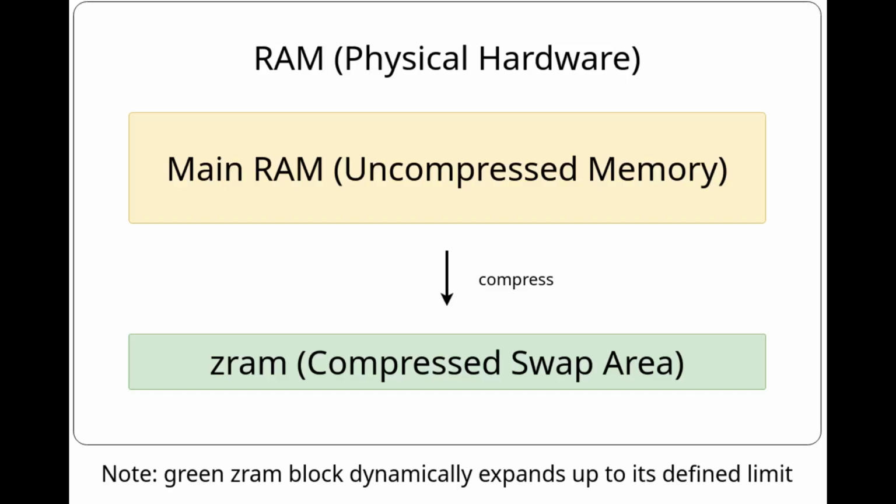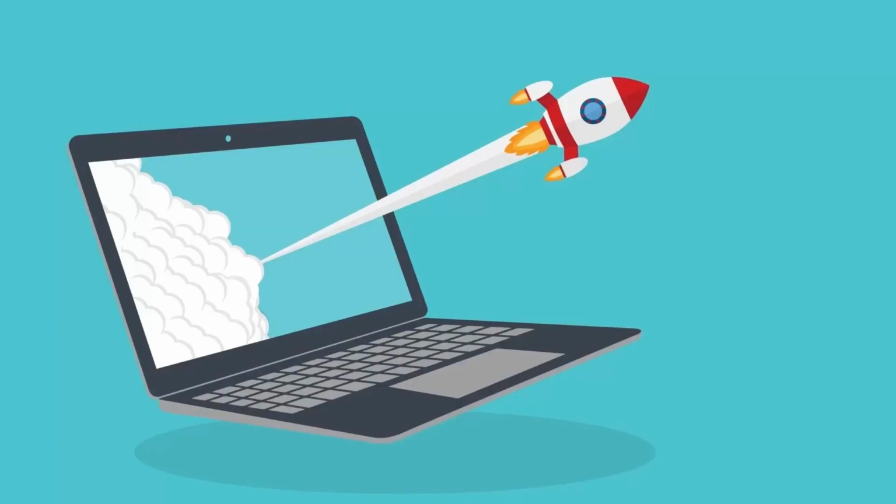This significantly increases your effective memory capacity and prevents performance slowdowns caused by heavy disk swapping. Best of all, this green zram block grows only when it holds data, so it doesn't waste your memory when it is empty.